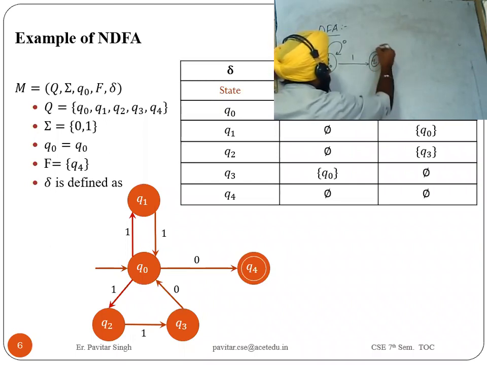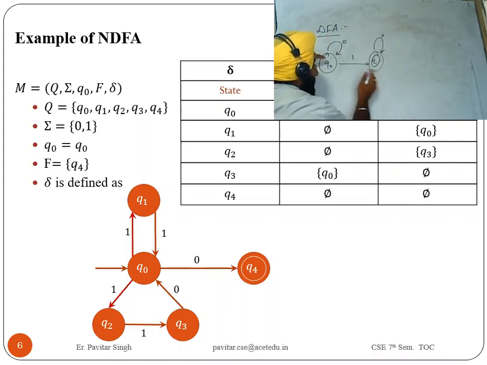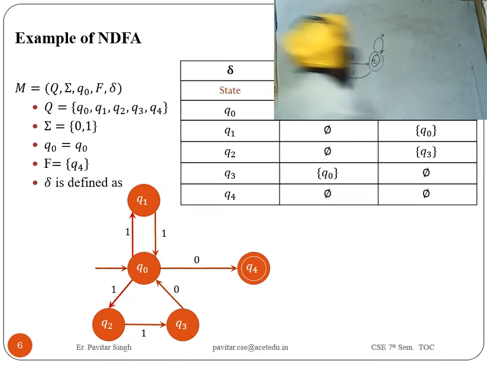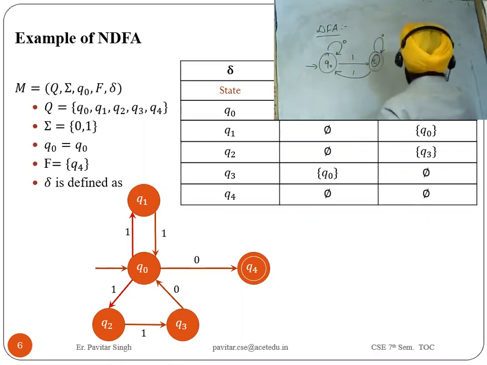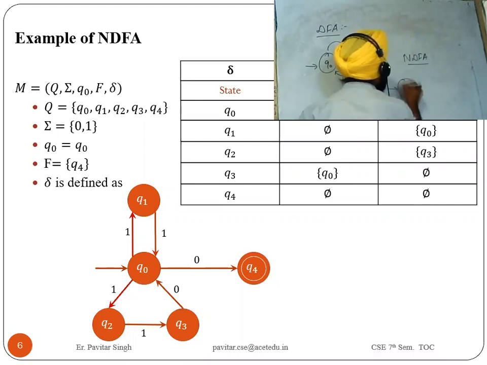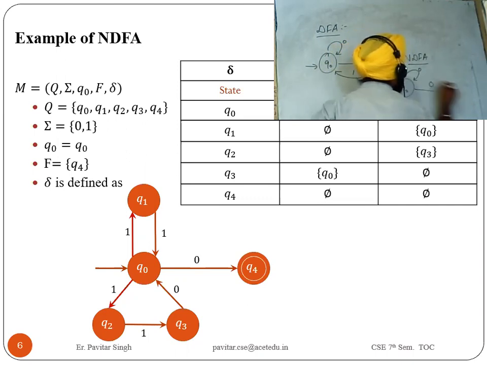Similarly, Q1 upon the processing of 0 goes to itself, a loop, and upon the processing of 1 it goes to a single state. So this is your DFA, right? So what is NDFA? Here you can see that Q0 upon the processing of 0 goes to itself, and upon the processing of 0 it also goes to the next state.